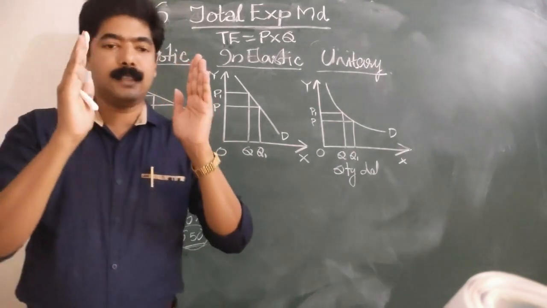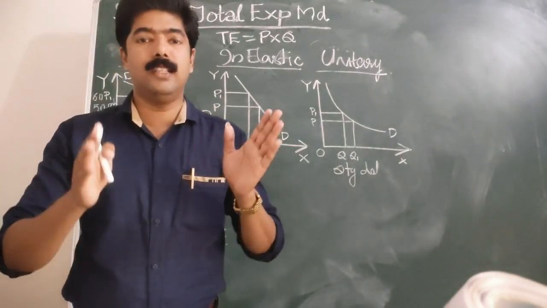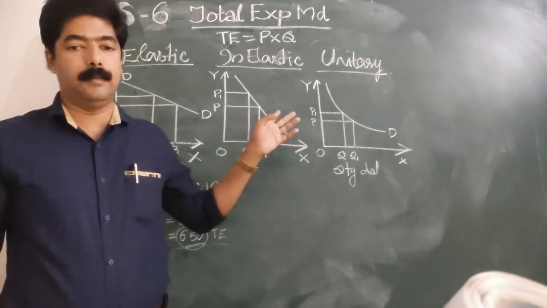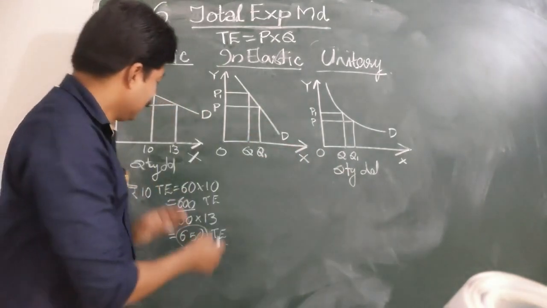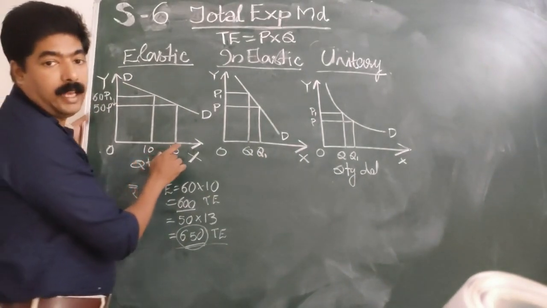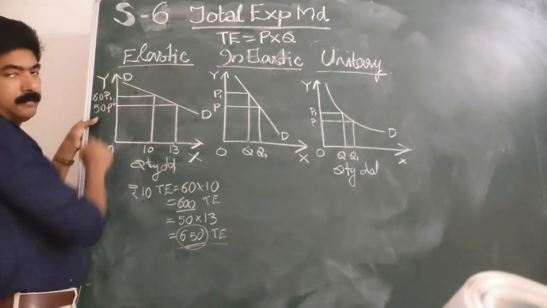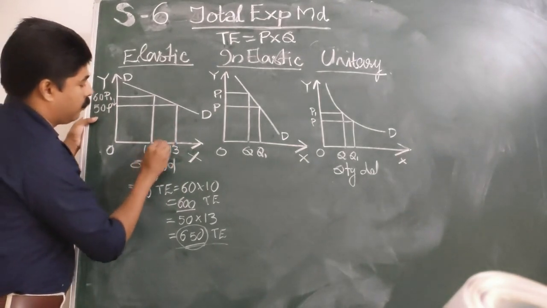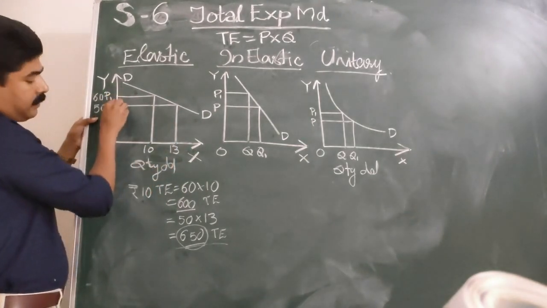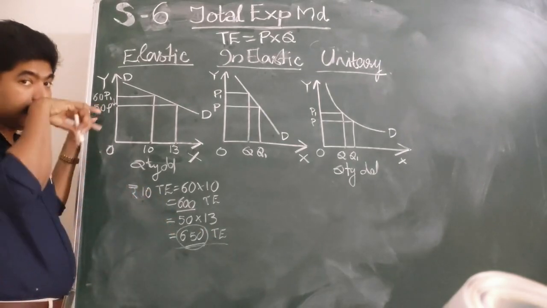So elastic demand means the change in quantity demanded is more than the change in price, and therefore total expenditure increases.